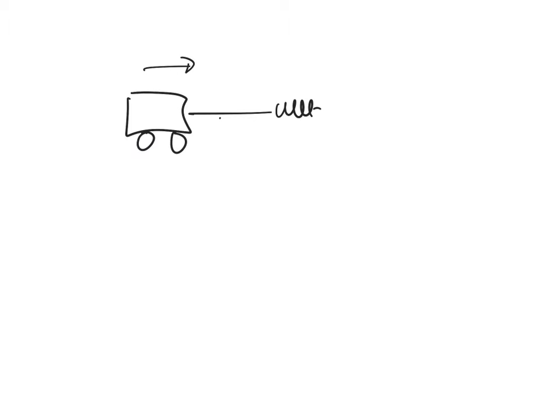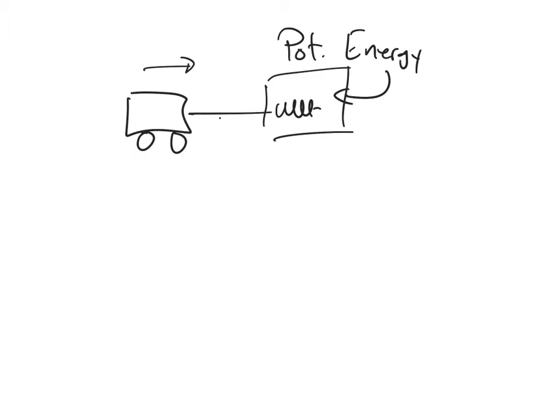At its core, what you were looking at is the transfer of potential energy in the spring, which we symbolize with US, into kinetic energy in the cart.